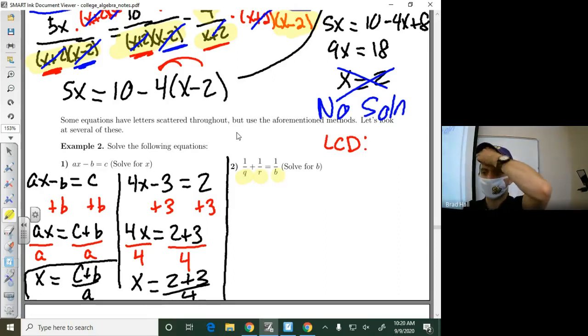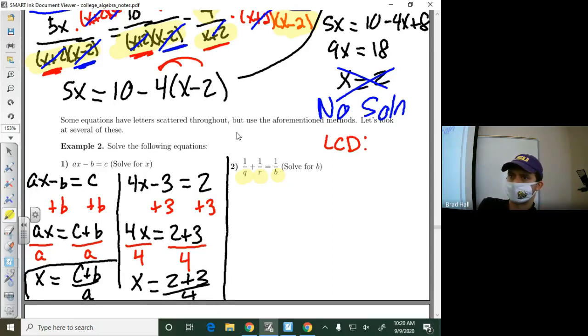Now, if all of those letters were in fact numbers, then we would have to figure out, well, what's the smallest number that all of these would go into? But they're not numbers. It's QRB. So we don't have numbers, we have variables, or symbols.